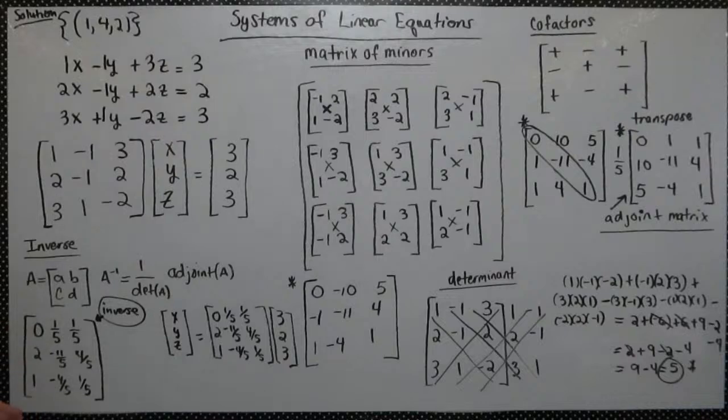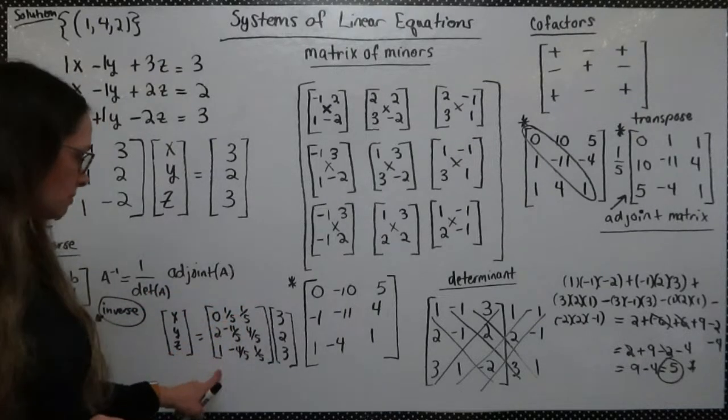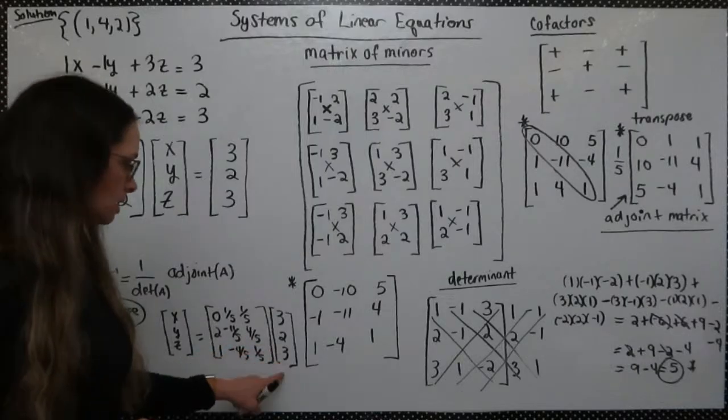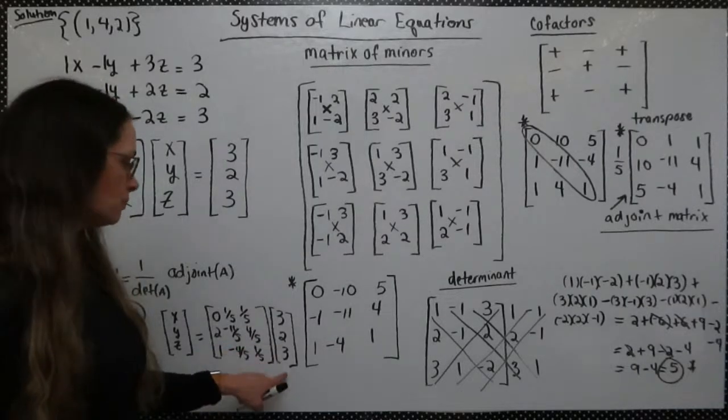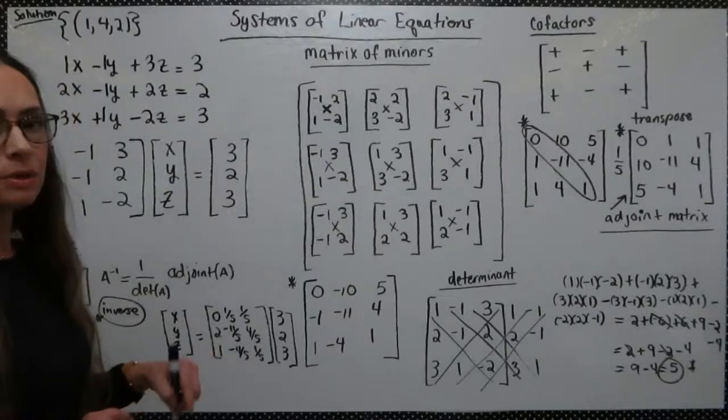So when we're multiplying matrices, remember it's rows times columns. So this is a 3 by 3 times a 3 by 1, and so your resulting matrix is going to be a 3 by 1.